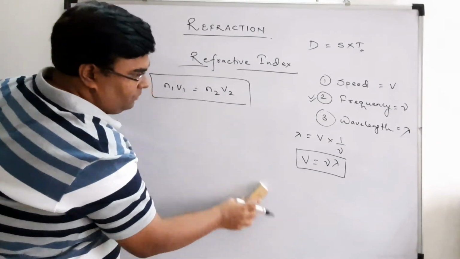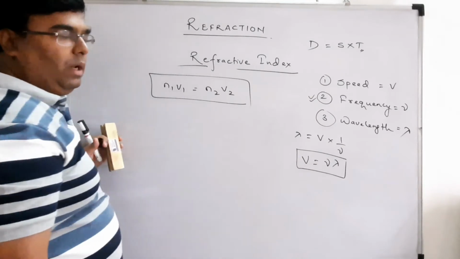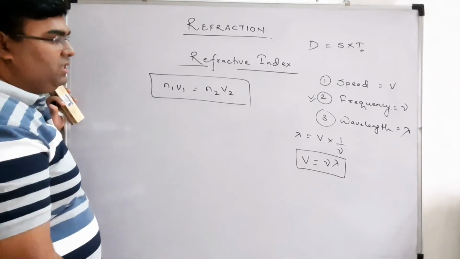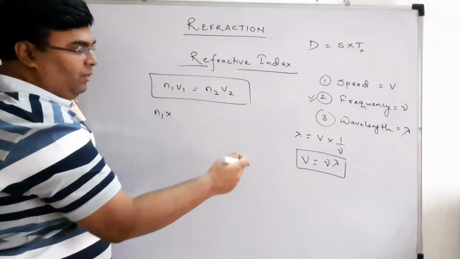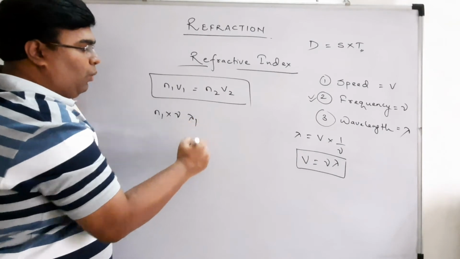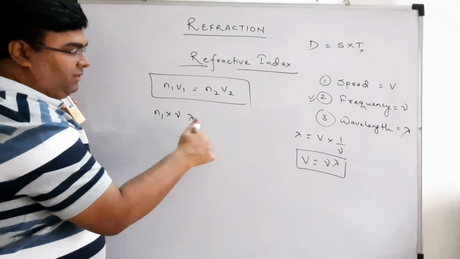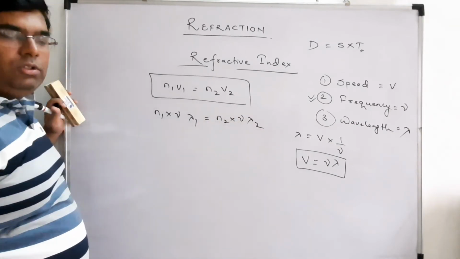Now next, since we know that v is equal to nu lambda, and nu, which is frequency, never changes, we can write n1 multiplied by, for v1, nu lambda 1. Lambda changes, right? Nu is not changing. n2 nu lambda 2.